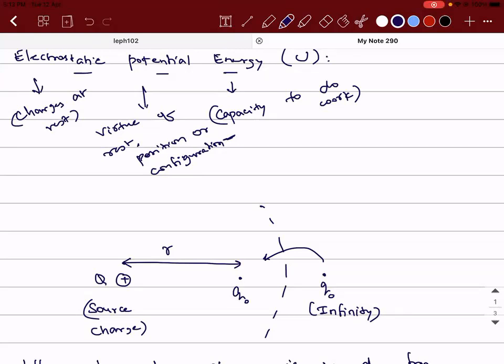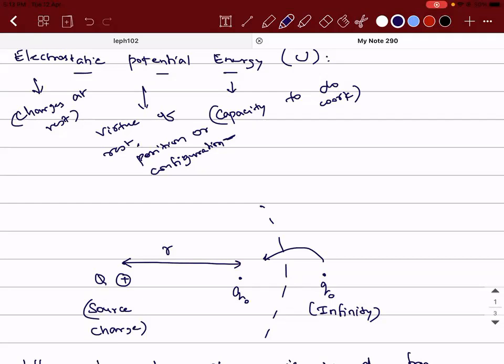Whenever you are defining work done, it is always important to mention work done by which force. Here there are two forces existing. One is the force due to the system itself, that is the electrostatic force, and the second is the external force. Out of these two, which one am I trying to talk about? That's where we go wrong. It is actually work done by the external force.